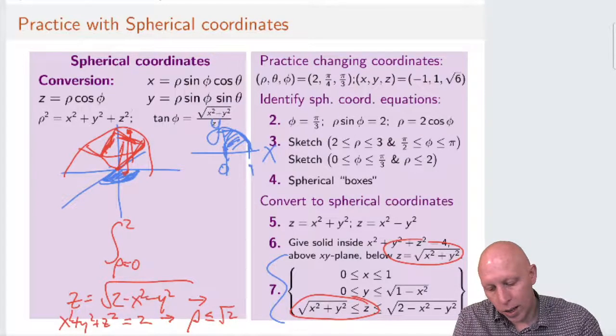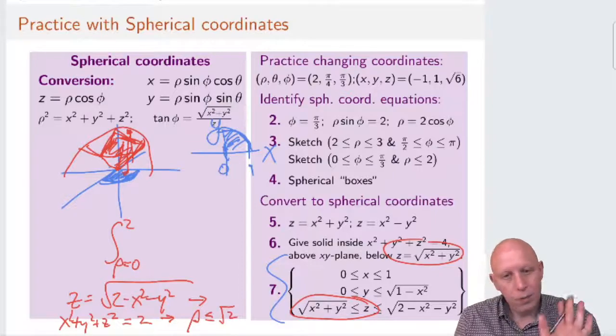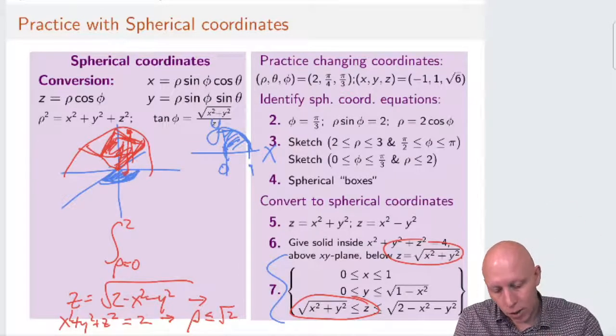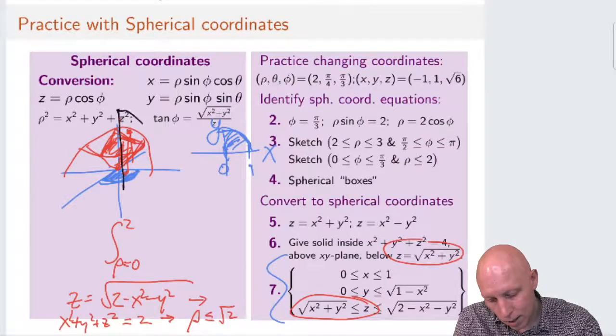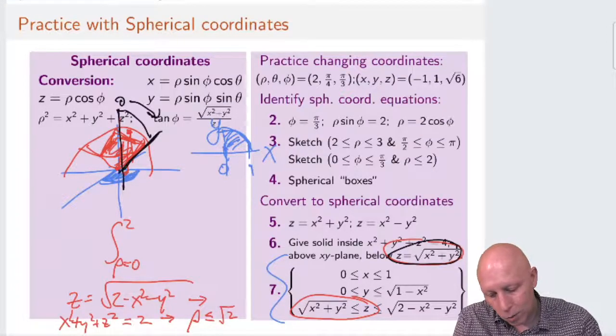We are looking at all of the points that are above this cone, which is telling us that we want phi to start off at 0 and come down to this angle here, which we calculated before was pi over 4.